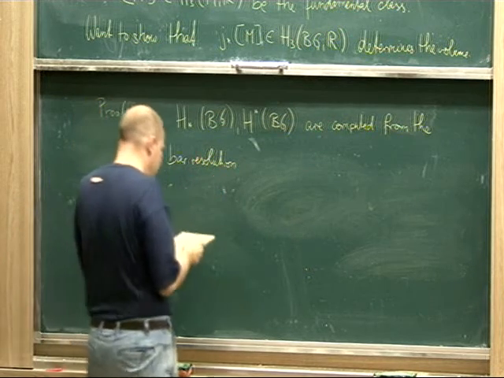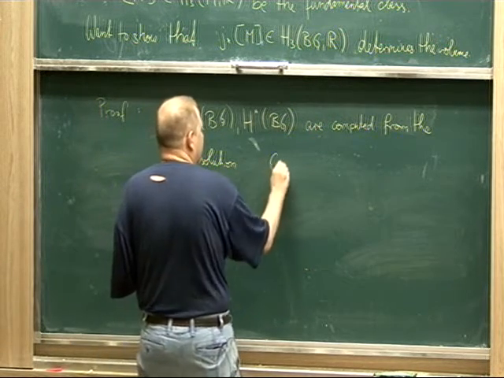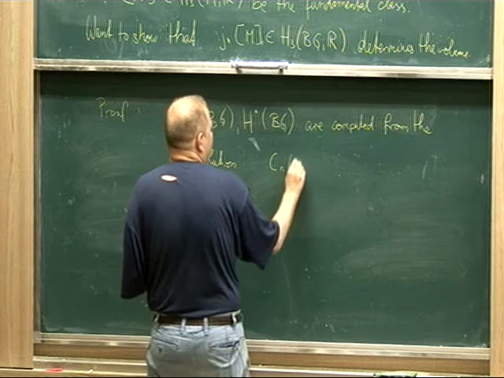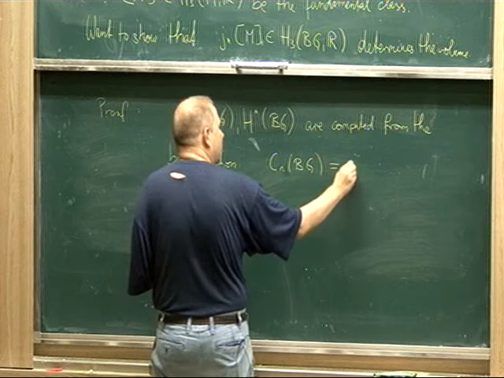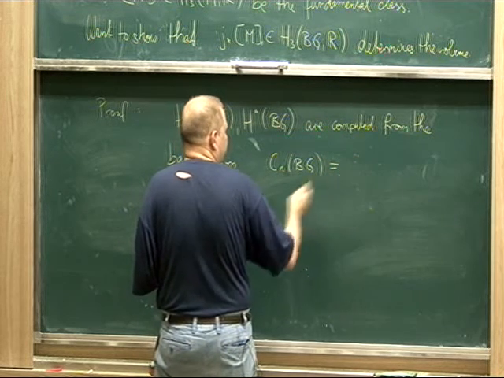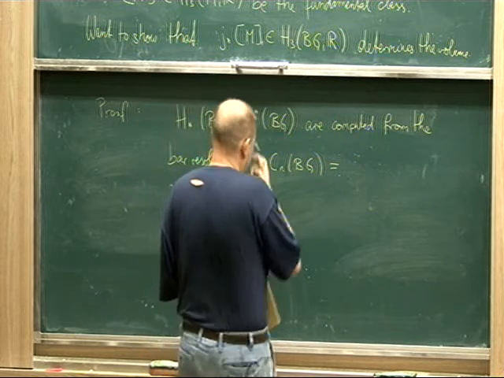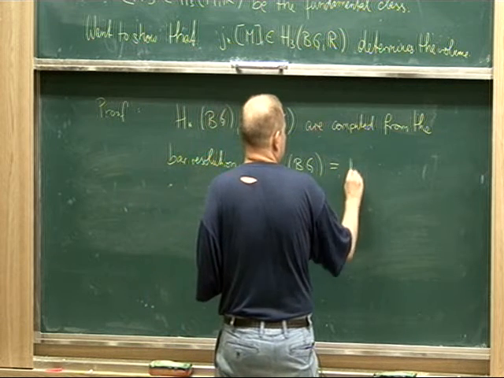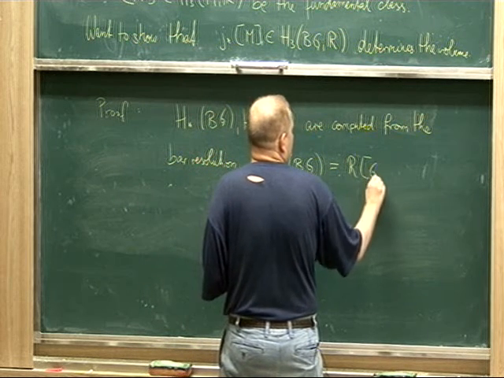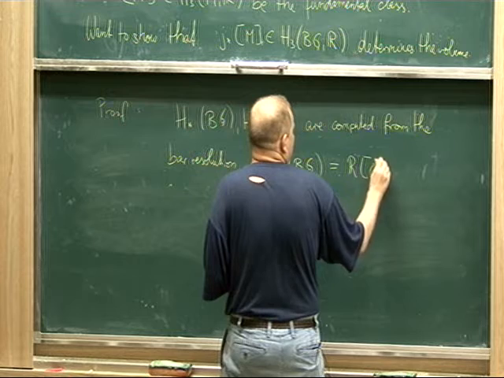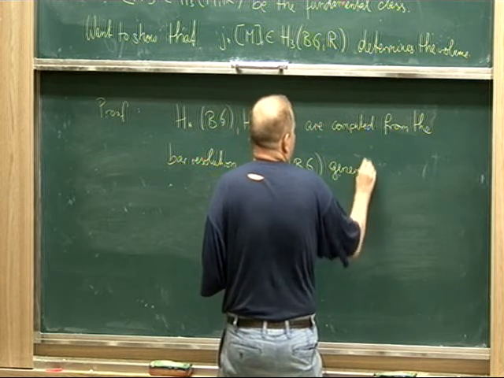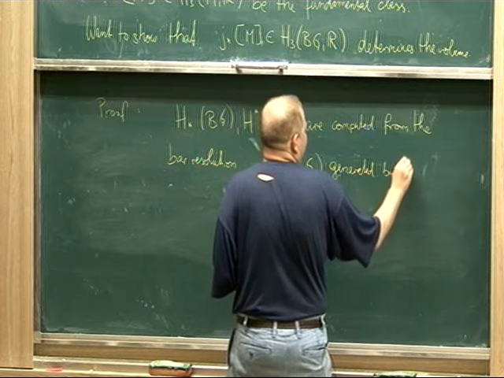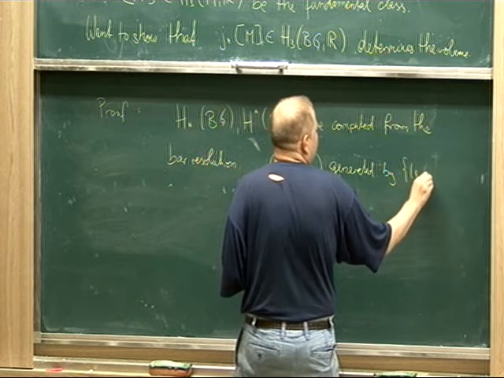The bar resolution is a certain chain complex, and at the nth position it is formally generated by the n-tuples of elements in the group.